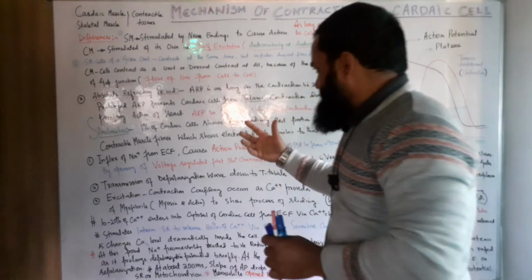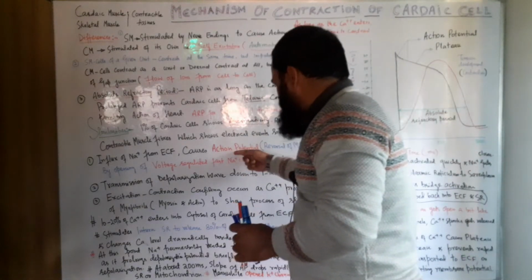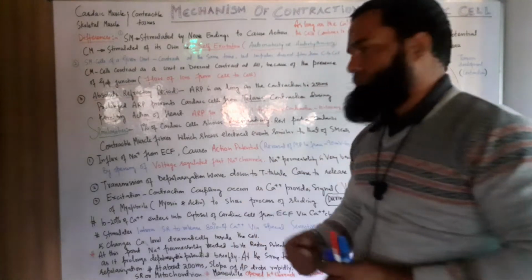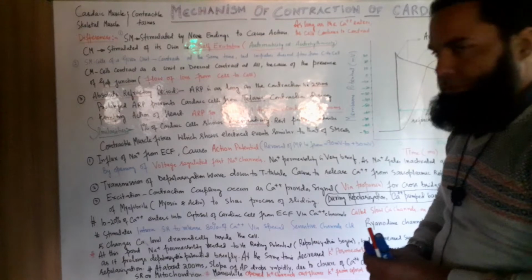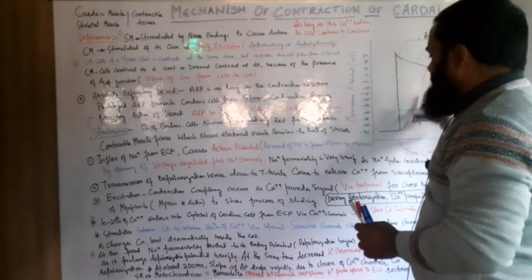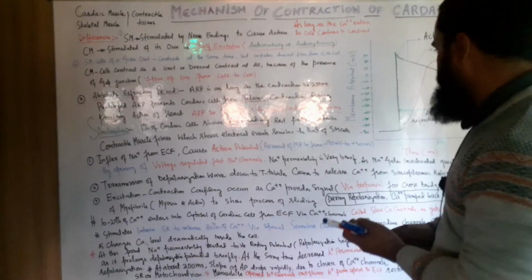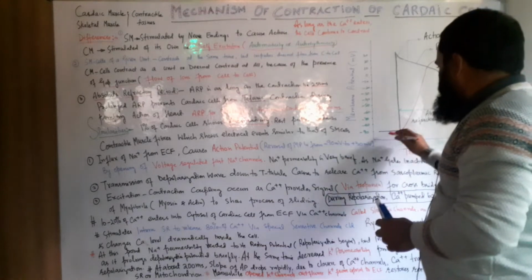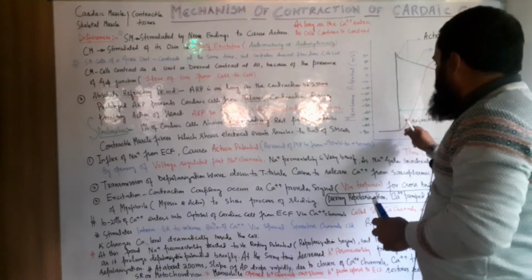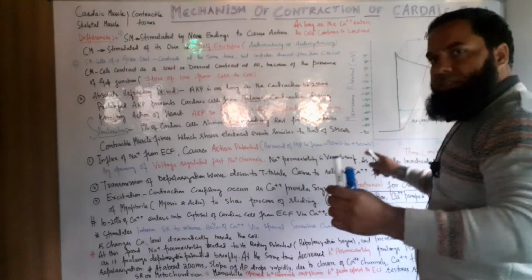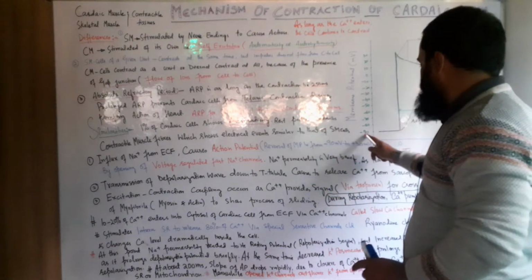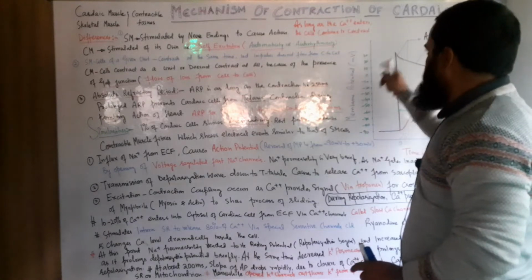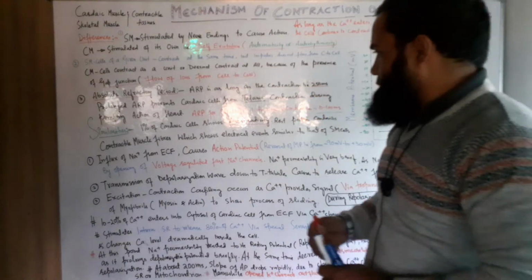That means the action potential causes the reversal of membrane potential from minus 90 millivolt to plus 30 millivolt, which I have depicted in the chart here. Here is minus 90 millivolt; when the action potential takes place, when there is an influx of sodium, it changes from minus 90 millivolt to plus 30 millivolt. What happens then?